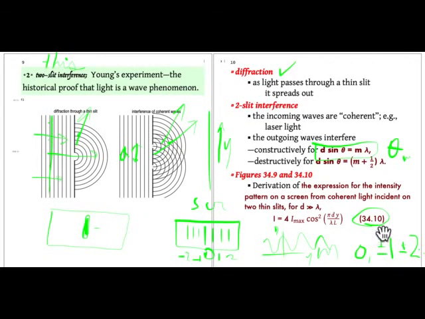If there's a problem which asks for intensity in two-slit interference, you'd use that equation. The problem might not ask for the intensity at all values of position on the screen. It might just ask for the positions of the bright fringes. Those would just be the maxima. The maxima of intensity will be the bright fringes.